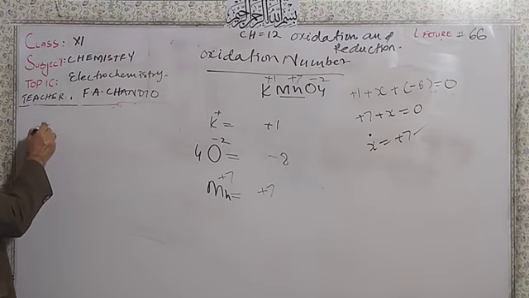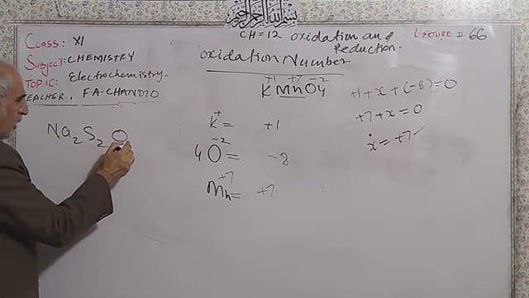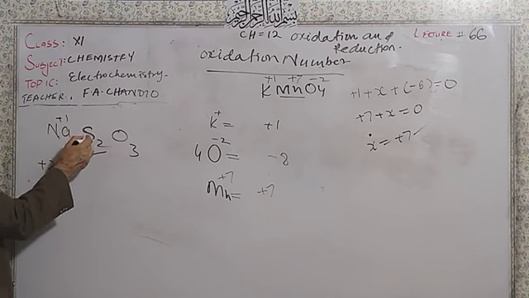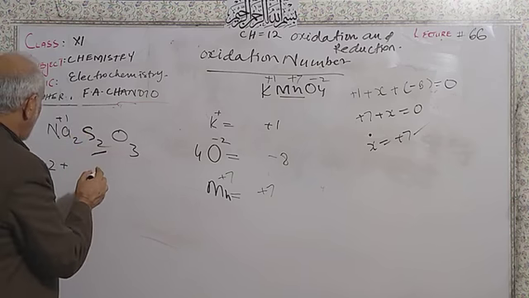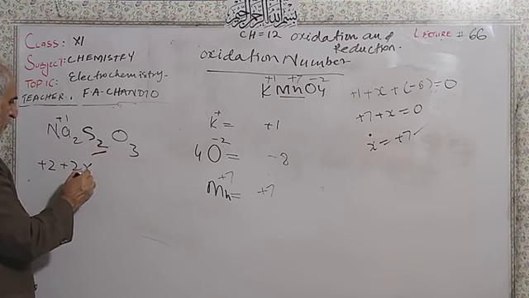Another example is sodium thiosulfate. Sodium is plus 1, so plus 1 multiplied by 2 is plus 2. We want to calculate the oxidation number of sulfur. There are 2, so I write 2x.